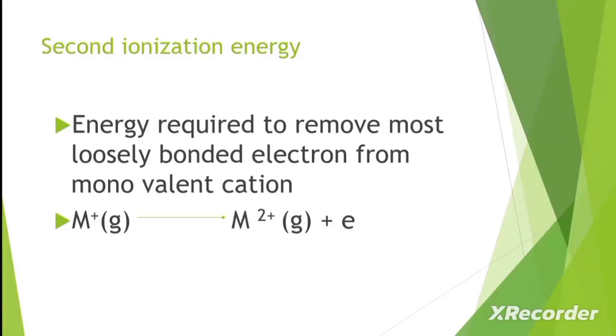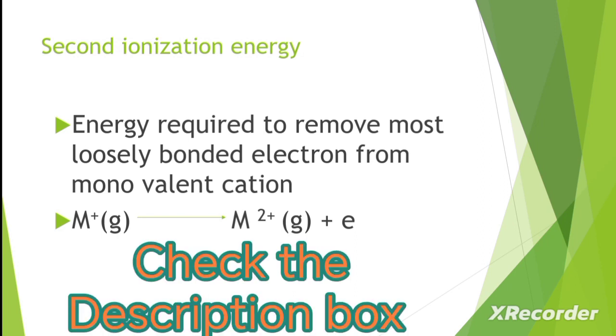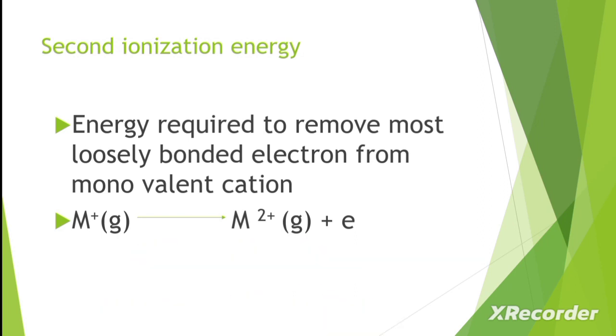Second ionization energy is the energy that we give to a monovalent cation to form its second cation. Second ion formation energy, second ionization energy. It is the energy required to remove the most loosely bonded electron from a monovalent cation.